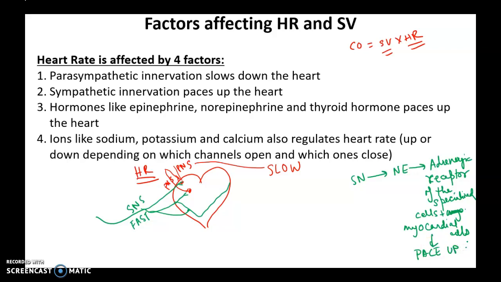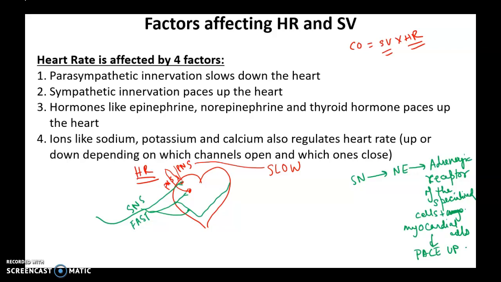Hope that's clear. So one more time, let's review. The sympathetic nervous system paces up your heart, right? Remember, you're very close to an accident on the freeway, so your heart is paced up. And that happens because the sympathetic neurons release norepinephrine on the adrenergic receptors of the cells of the AV node and SA node, and also on myocardial cells, which help to pace up the heart.